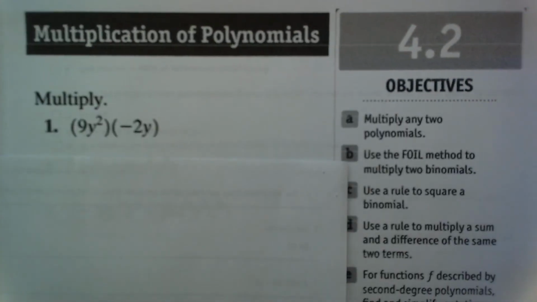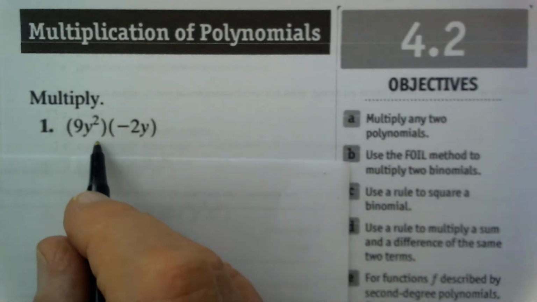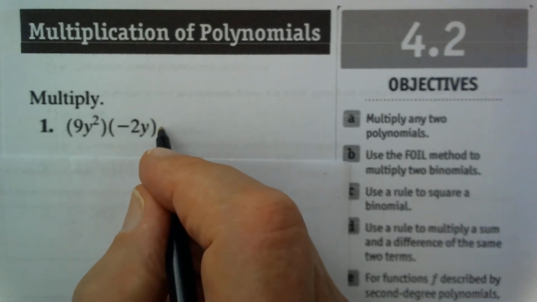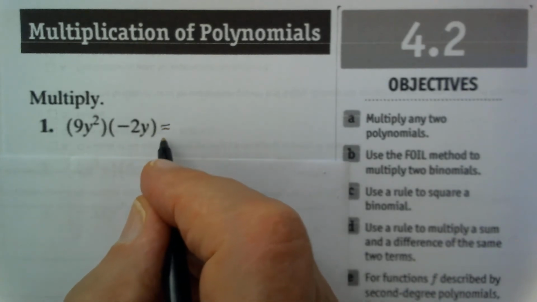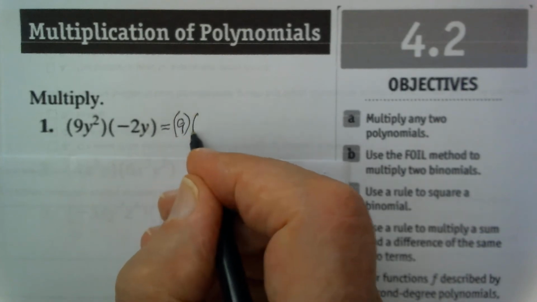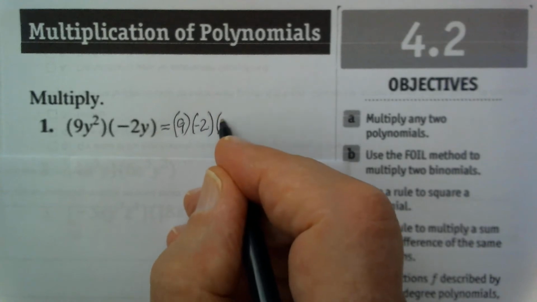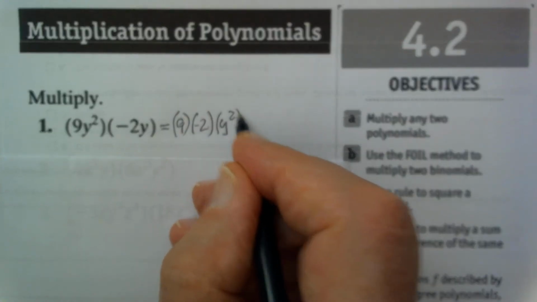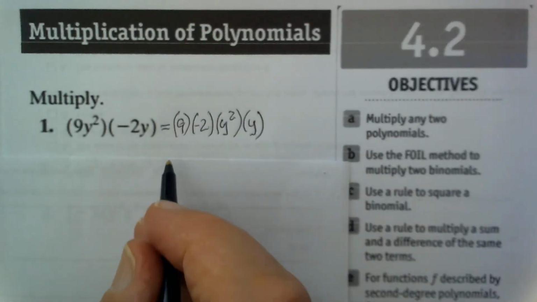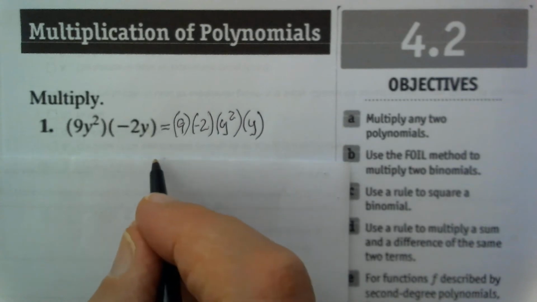So we begin with a simple exercise. Multiply the monomial 9y squared by minus 2y. A good way of thinking about it is to take the coefficients 9 times minus 2 times y squared times y. It doesn't mean you have to write it this way, but it's one way of going about it.